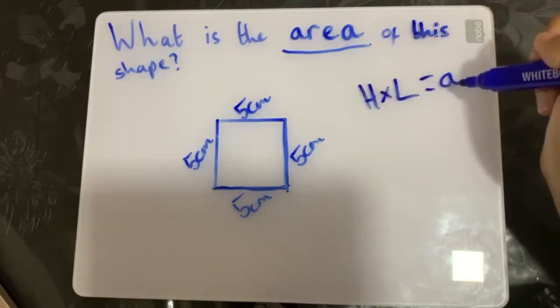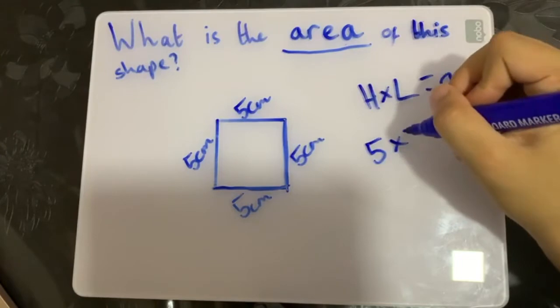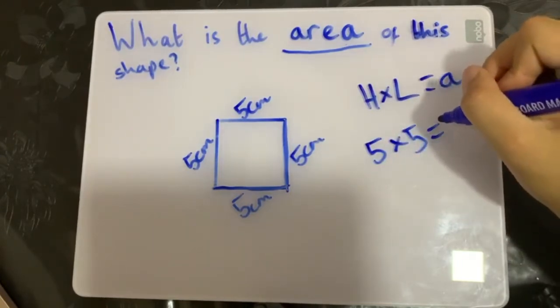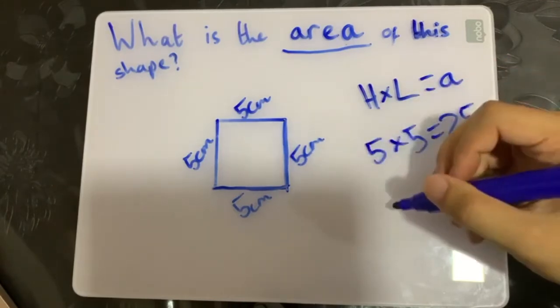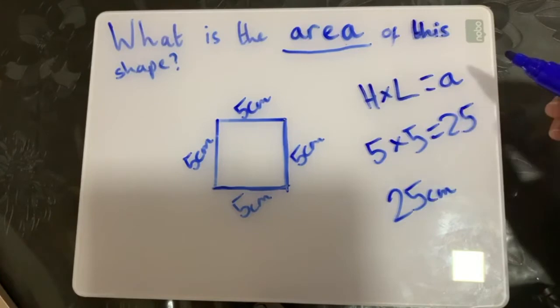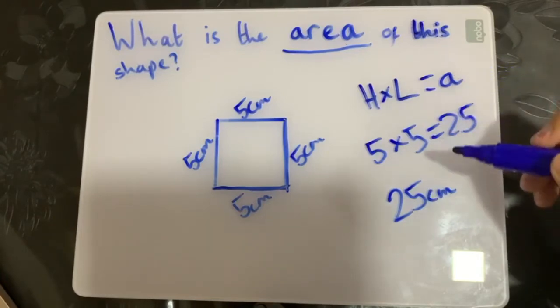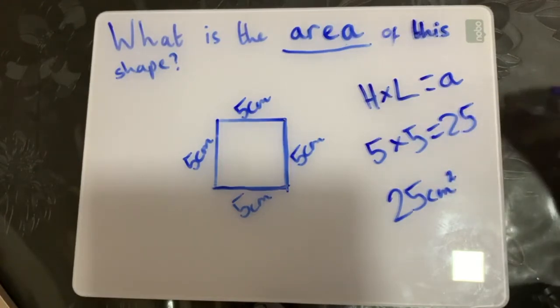Okay, so to find my area, I need to do 5 times 5, which you probably know already is 25. Now, if my answer is in centimeters, I need to write 25 centimeters. And because I'm finding the area, I'm going to do 25 centimeters squared. So I need to put a little number 2 on top of it, and that turns it into area.